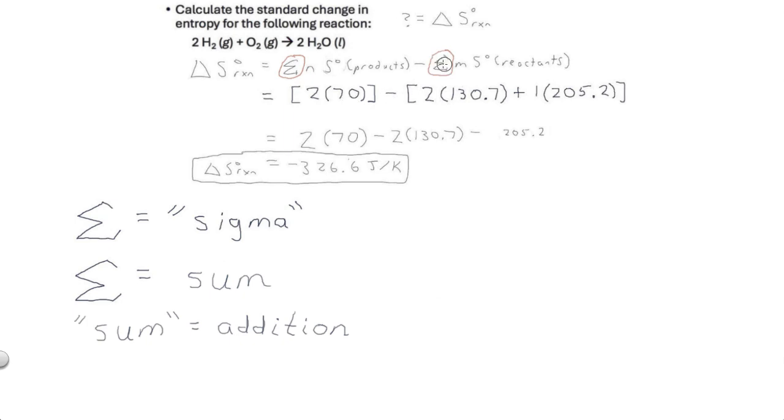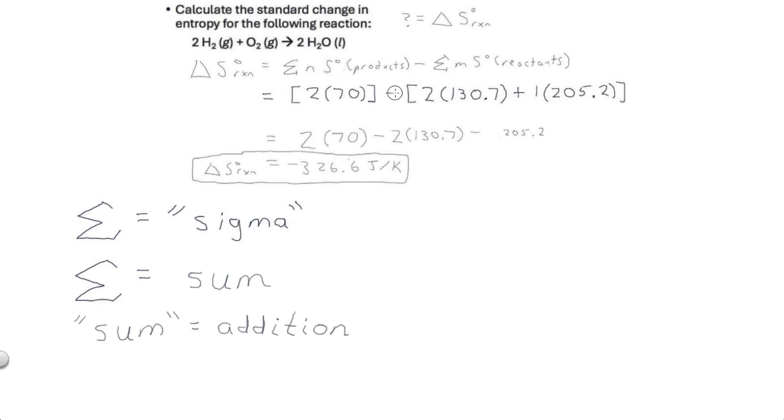Then, this sigma symbol tells you to add all the terms for the reactants. So inside these brackets, we add all the terms for the reactants. Next, in this line, we can simply drop the brackets around the sum for the products.